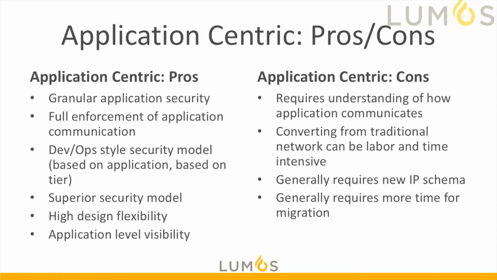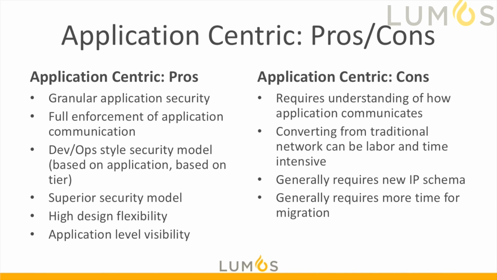So pros and cons for application-centric mode. The first one is application security can get very granular, as tight as you want it. It does full enforcement of the application communication in a very DevOps style security model, right? So it's based on the application and tier rather than an IP address. IP address is not necessarily as important because the policy is going to follow the host, not the IP address.